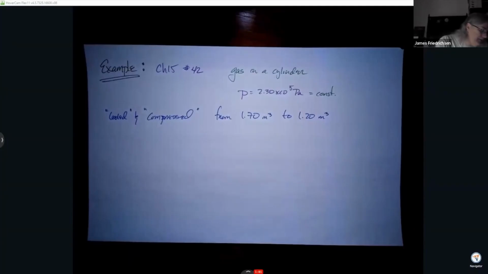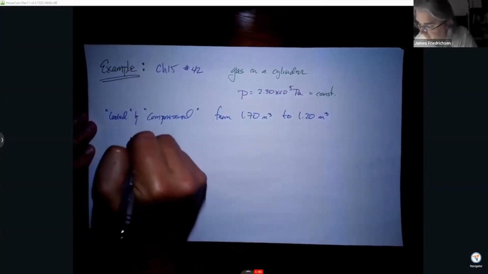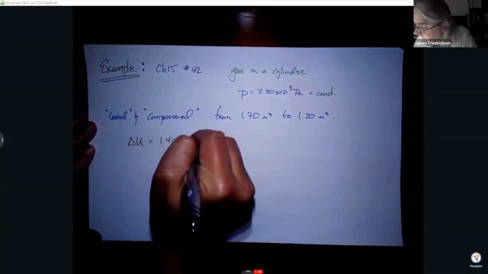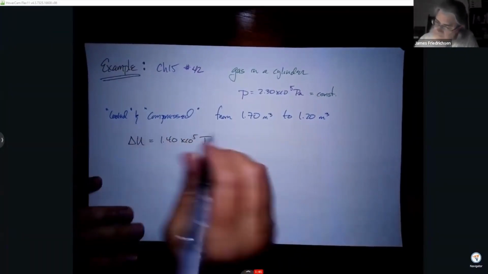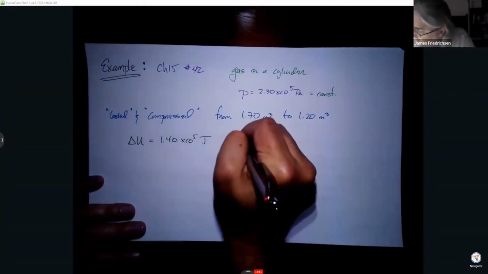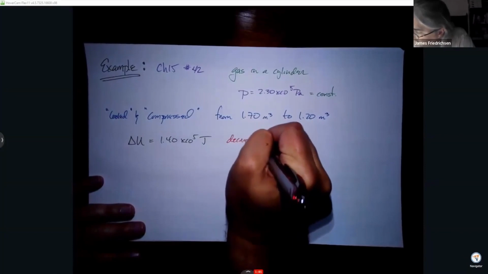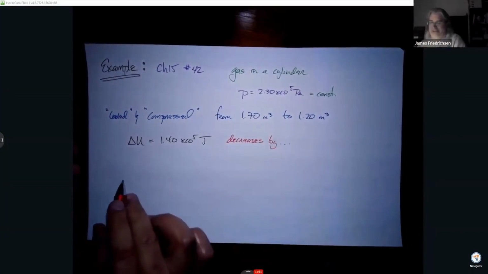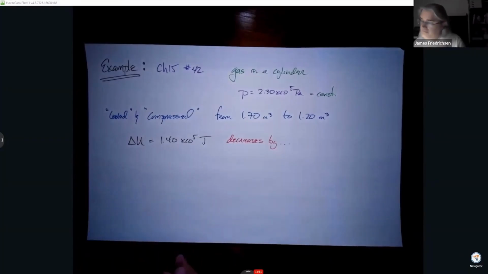It says the internal energy of the gas decreases by 1.40 times 10 to the 5th joules. Since this is decreases by, what does that tell me about my change in the internal energy?